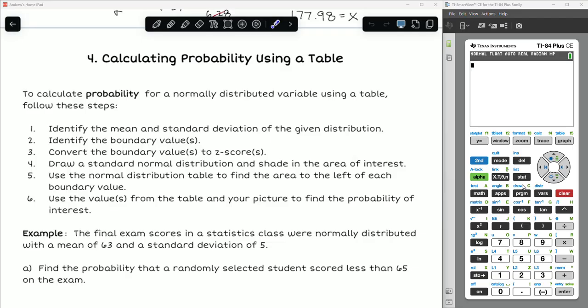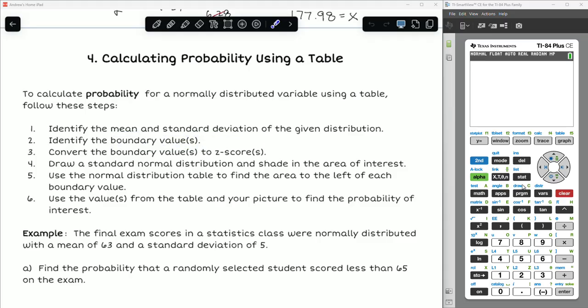For these problems, the first thing we need to do is identify the mean and standard deviation, because I know that in order to calculate z-scores, I need the mean and standard deviation. So typically I'm going to read through the question, identify any numbers and statistics vocabulary that they give me, and as I do that I'm going to pick off a mean, a standard deviation, and boundary values for the percentage that I'm calculating.